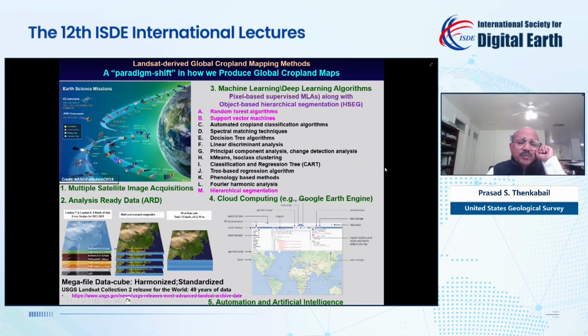And in fact, we have several papers, and almost all of these methods we have used. When I talk about machine learning algorithms, for example, random forest and support vector machine are pixel-based supervised classifiers, and hierarchical segmentation is an object-based classifier. And you can see here now a lot of others, for example, decision trees, regression trees, and all those kinds of things.